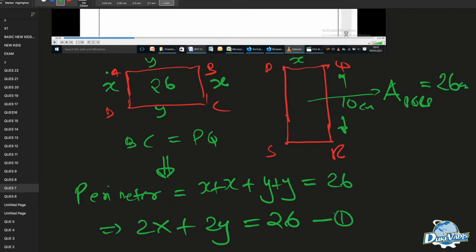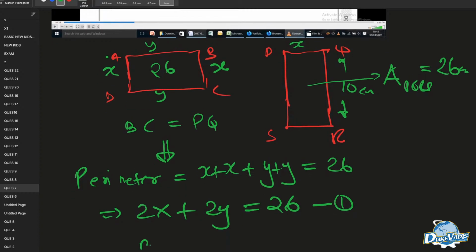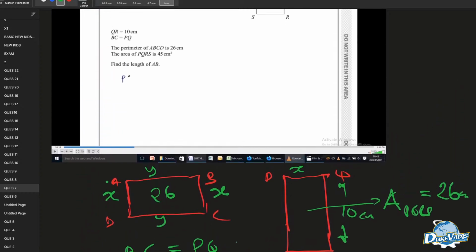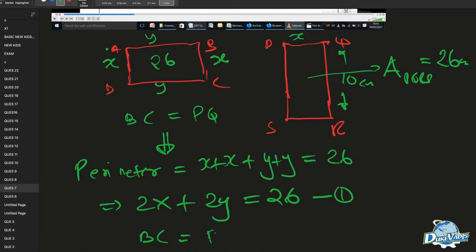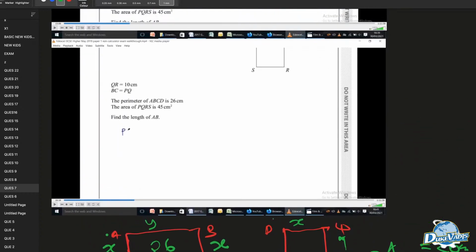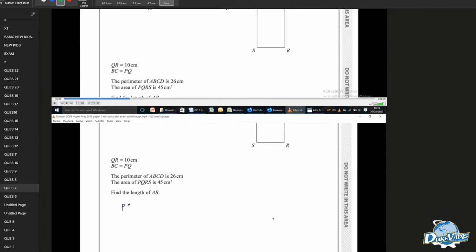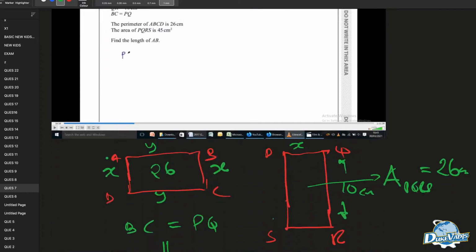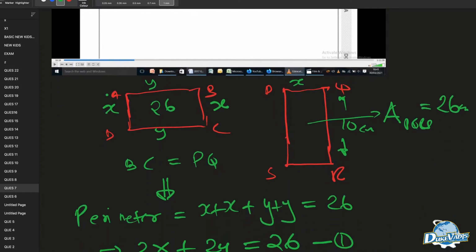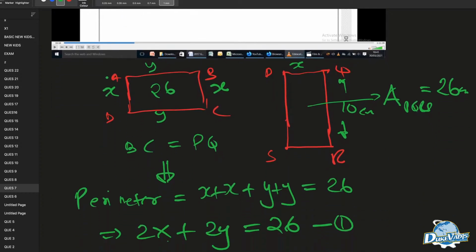Now the question says that BC is equal to PQ, so they have the same sides.